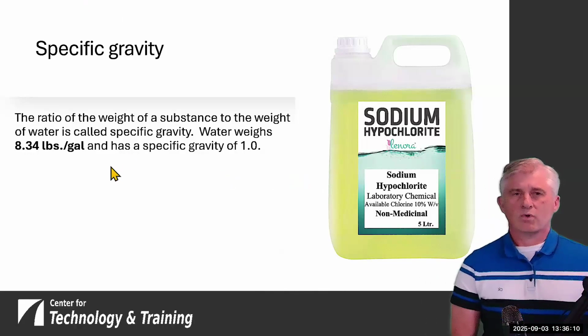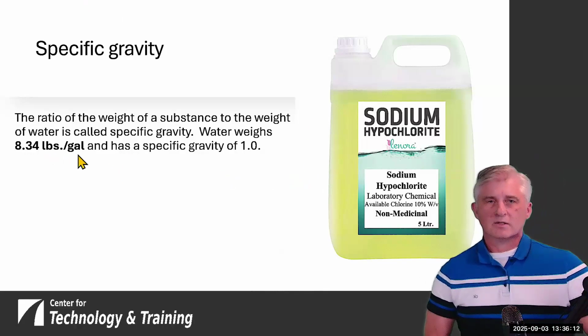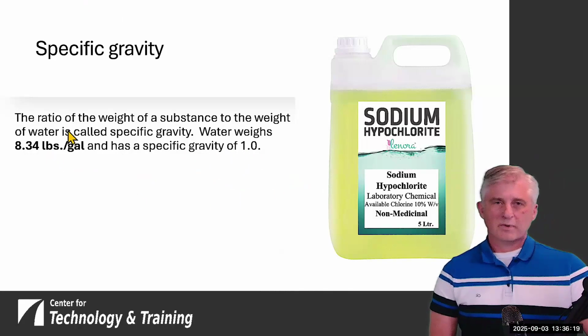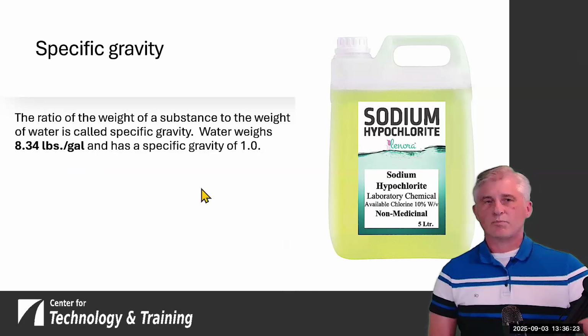If water weighs 8.34 pounds per gallon, it has a specific gravity of 1.0. Compared to itself, it weighs 8.34 pounds per gallon, and that is our standard. For specific gravity, we're comparing it to water.